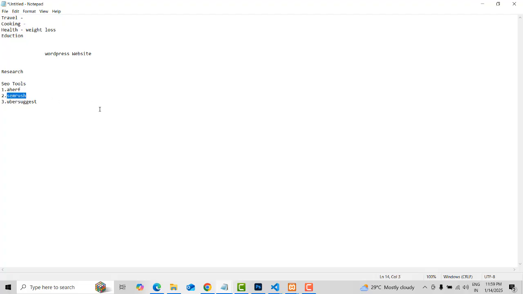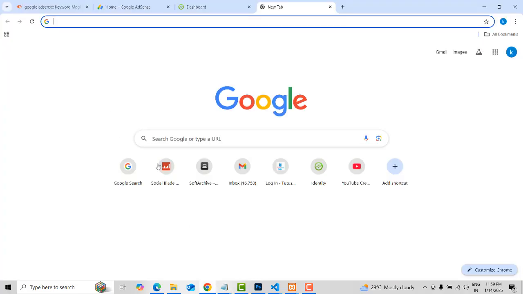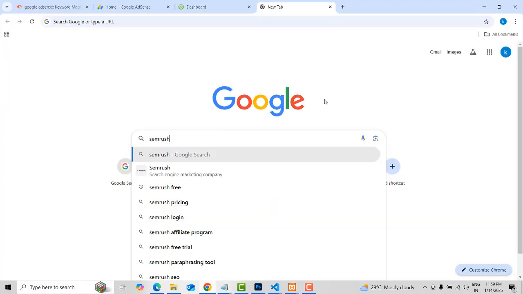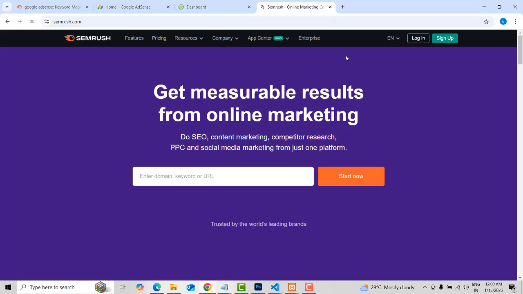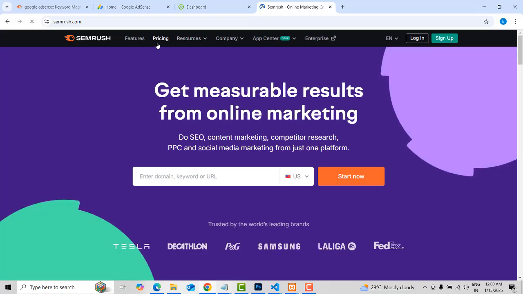If you want to get an account, you go to the respective SEMrush website and you can get the premium package. You don't have to get the package on a yearly basis. You can get it on a monthly basis for one month.